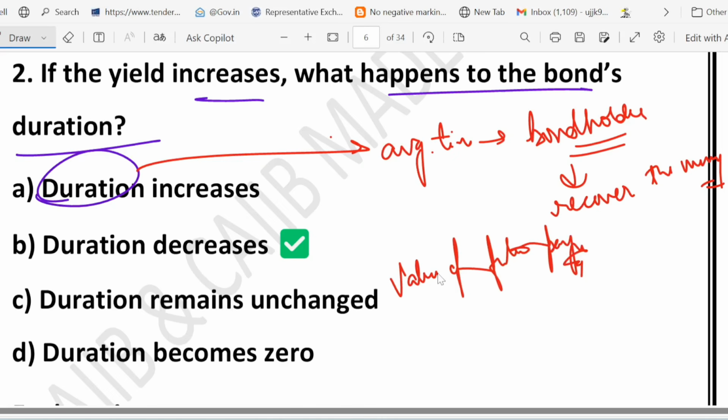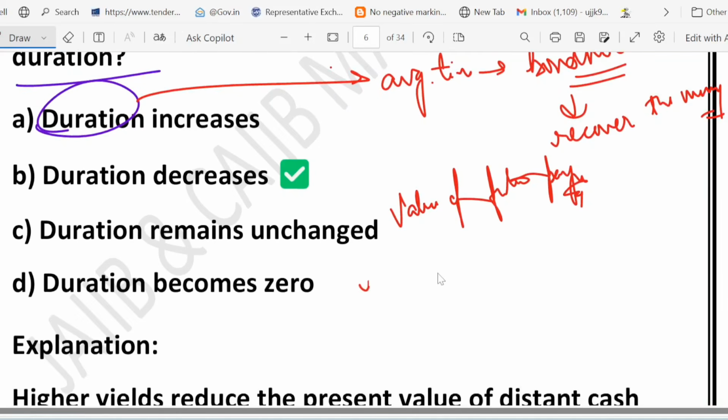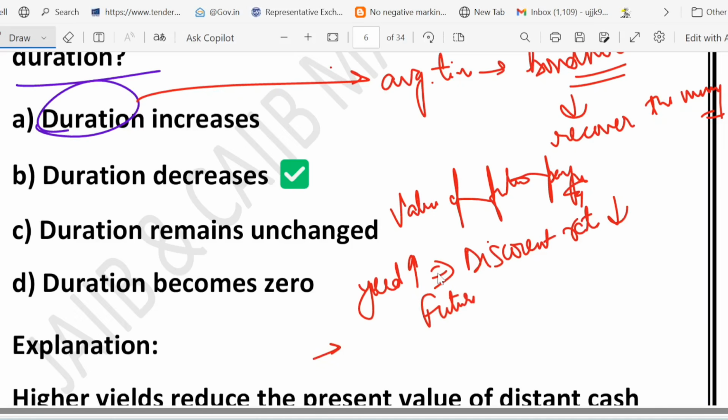Now the question is, what happens when the yield increases? As you can see, yield is increasing. So if yield increases, then the discount rate will decrease. And what will happen if the discount rate decreases? Those future payments will get discounted more heavily.